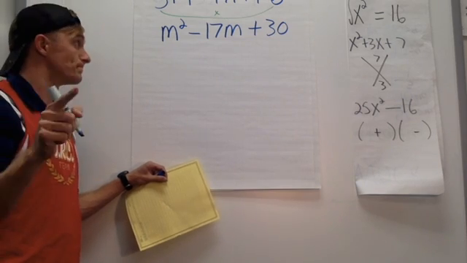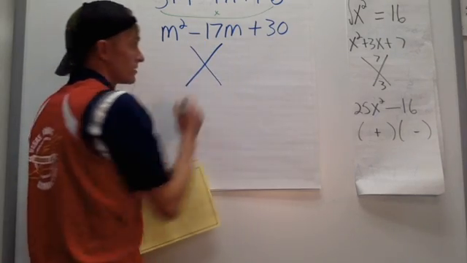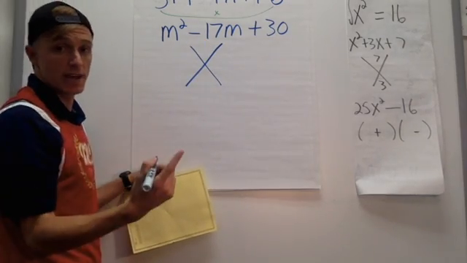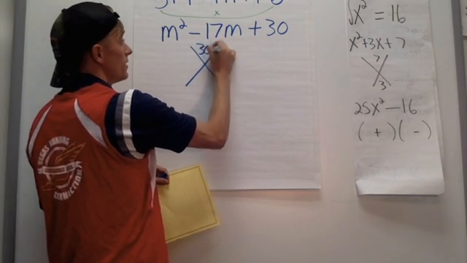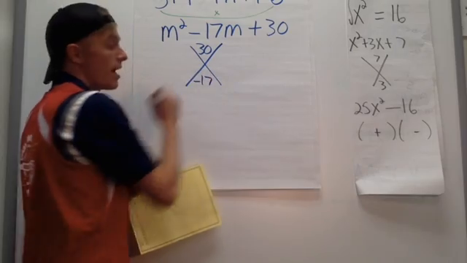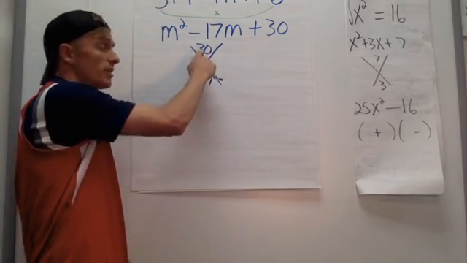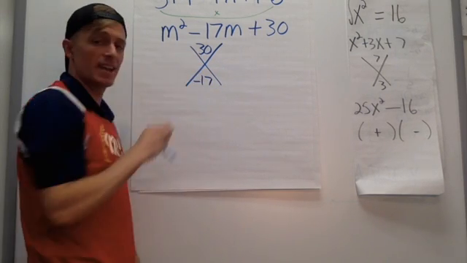Okay, we good? Good. Now what we have to do is x factor it. We take our last number, which is 30, and we take the middle number and put it right there. So what two numbers multiply to 30 and add to negative 17?